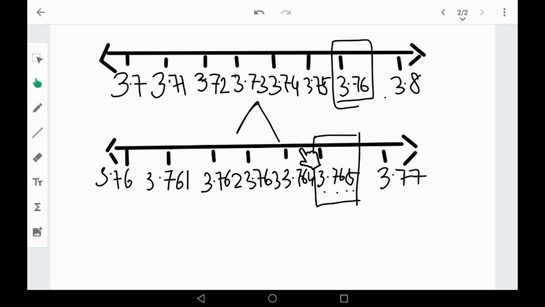They asked me to point out 3.765 on a number line, and I have pointed it. This is how we have to do it in case of pointing out a decimal number using linear magnification with no bar.